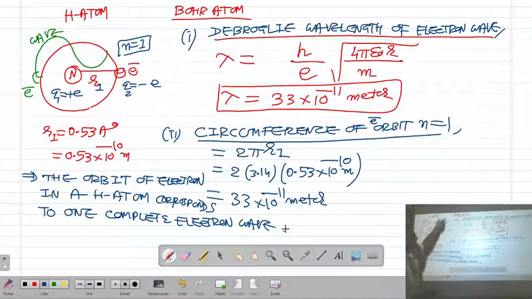So orbit n is equal to 1, there is one electron wave. So the ground state orbit n is equal to 1 of electron contains one complete electron wave, okay, joined on itself.